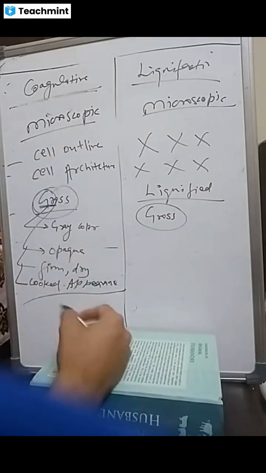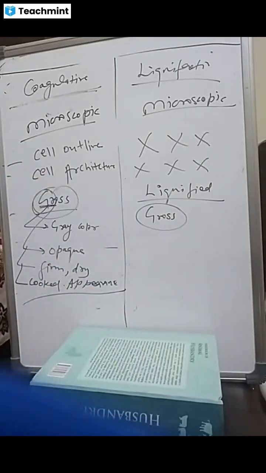So this is the gross appearance of coagulative necrosis.